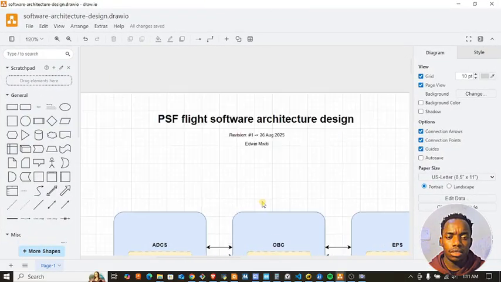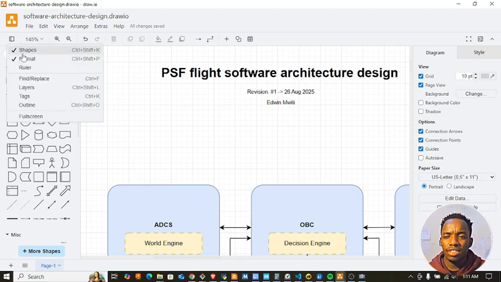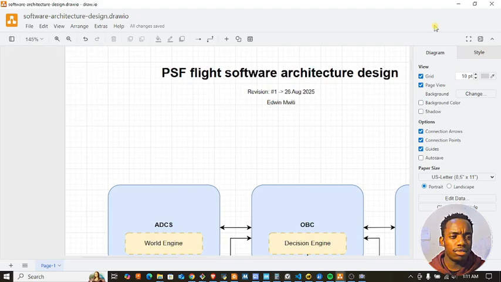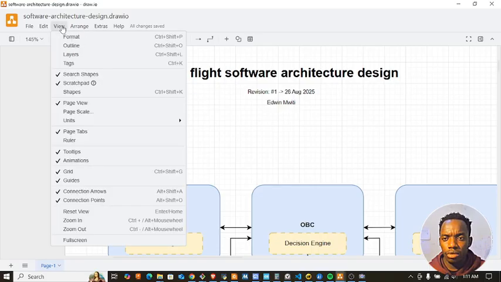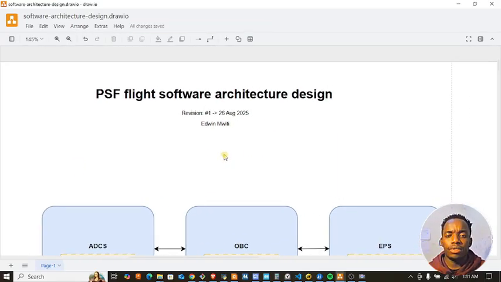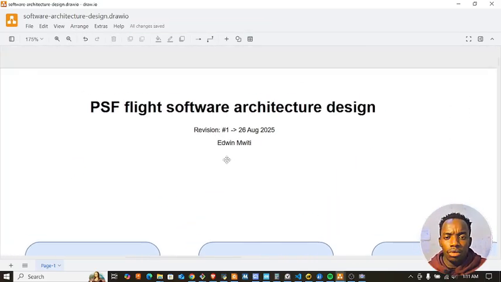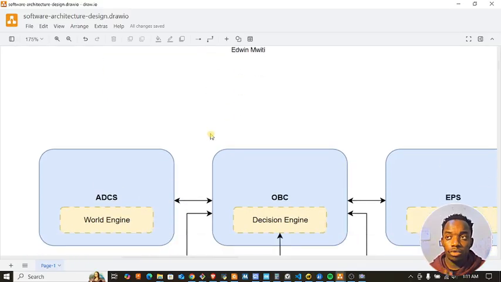Here it is. The first revision. Let me just close this one so that I can view better. View grid, right? Now, this is the first revision, and most of it is going to be subject to change based on what comes up during the design phase.